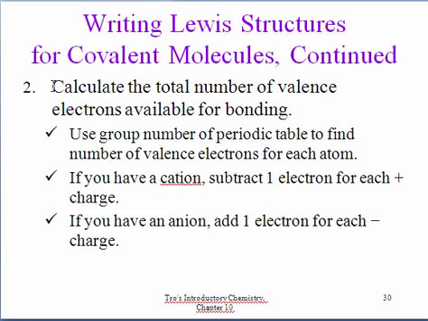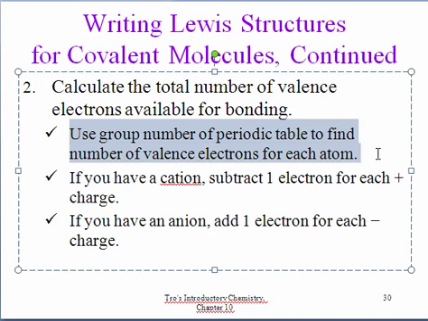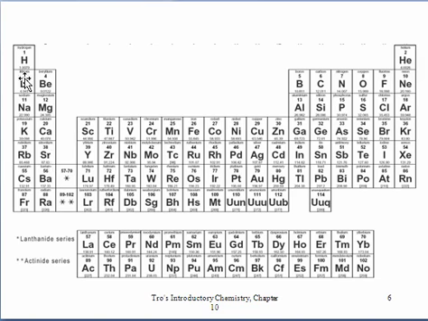Step 2, calculate the total number of valence electrons you have. These are the electrons that do the bonding and that act as lone pairs as well. To do that, use the group number on the periodic table to find the number of valence electrons for each atom. As a reminder, this family has 1 valence electron, this has 2, 3, 4, 5, 6, 7, 8, except for helium.